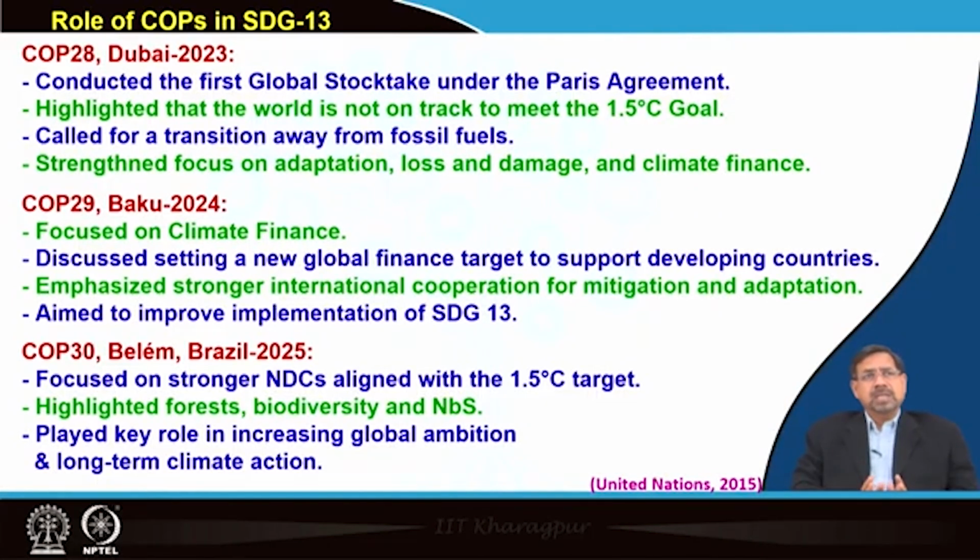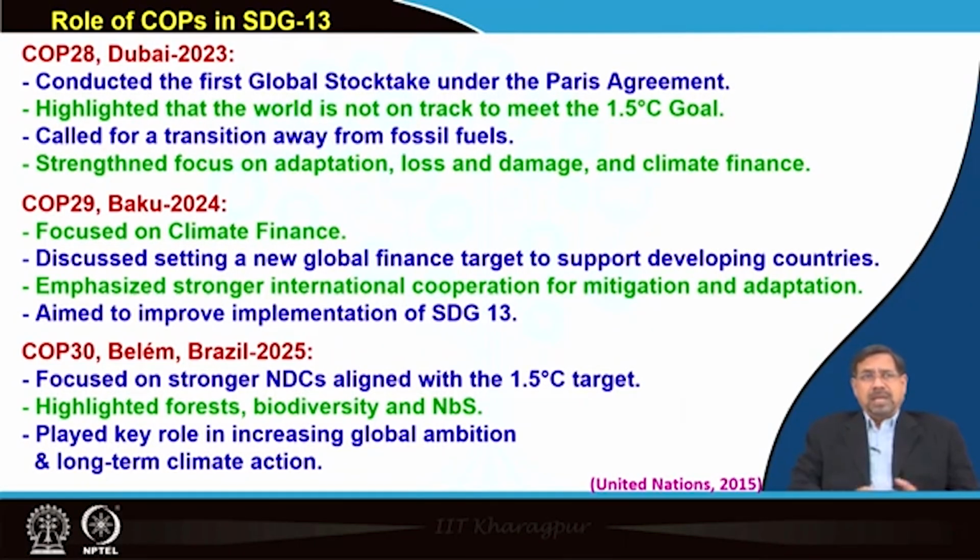COP28 highlighted that the world is not on track to meet the 1.5 degree centigrade target. Whatever is being done, particularly by taking the stocktake, it has been found that what the world is doing is not on the pathway of meeting the 1.5 degree target.